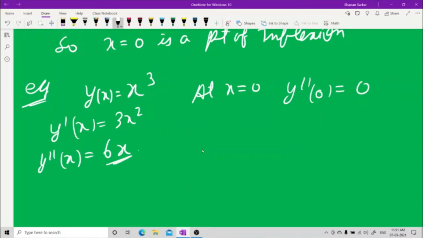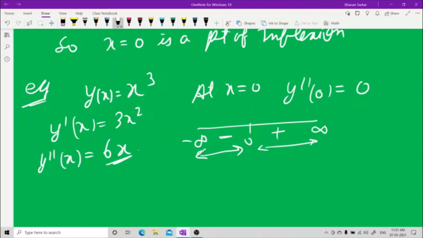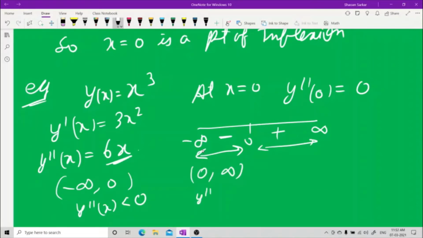Now see, the whole interval 0, infinity and minus infinity. यहाँ पे positive values होता है, यहाँ पे negative. When I put between minus infinity to 0, y double dash x is negative, less than 0, and between 0 to infinity, y double dash x is greater than 0.